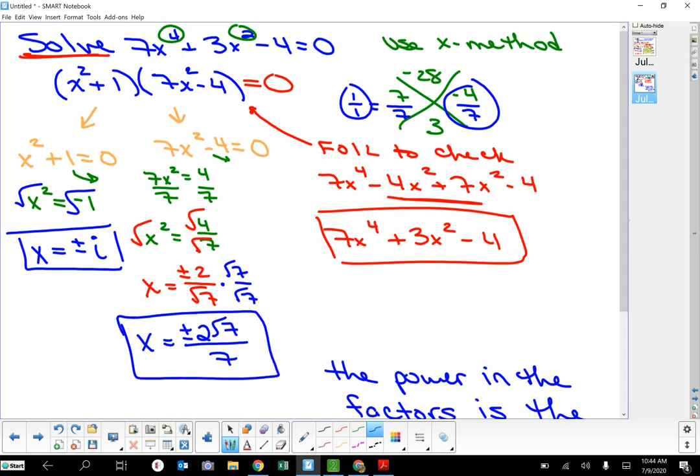Okay? Now, I mentioned this before, but I just want to remind you, remember that you're going to have the same number of answers as the highest power. So the highest power is 4, so that means we should have 4 answers.